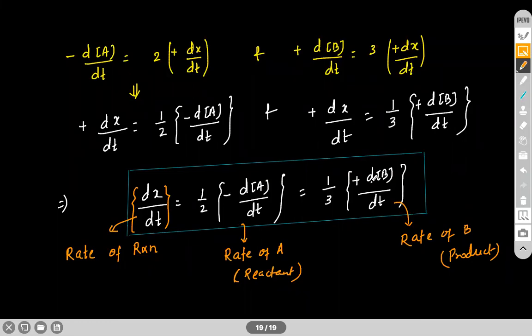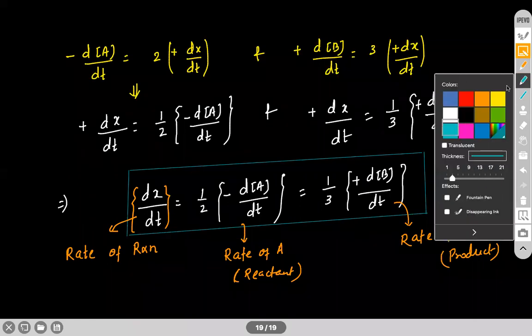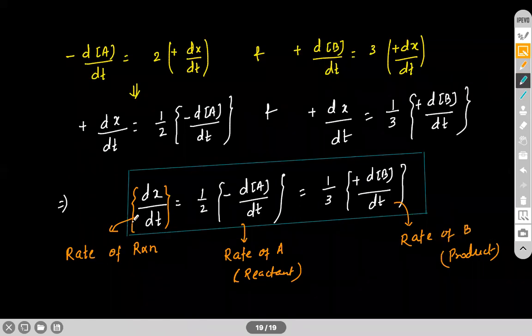Now the most important point here, why I have taken so much time to explain this, you will understand now. I can give you this expression in just 2 minutes, that for any reaction you can write the expression this way. Now what we observe here is that the rate of the reaction depends upon the stoichiometric coefficient. Yes or no? So the rate of the reaction depends upon the stoichiometric coefficient.